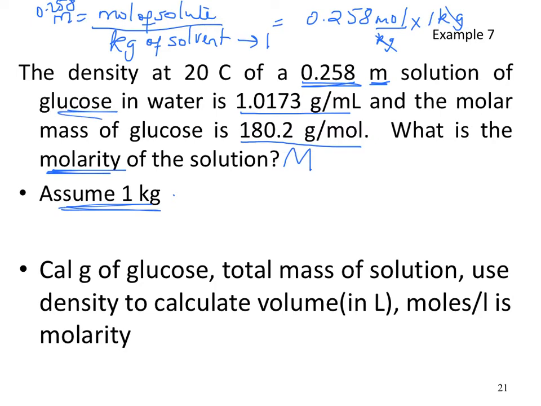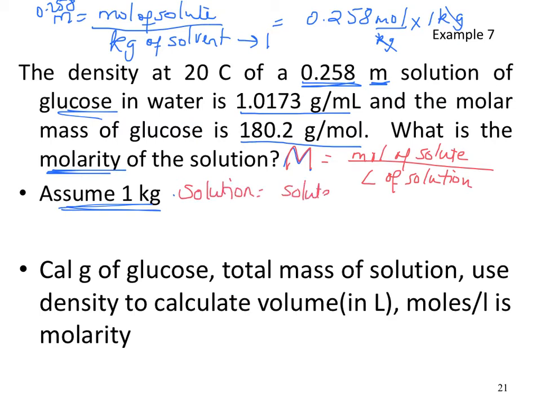Now, if I have to determine molarity, so this is what I want to find out. I need the moles of my solute, and I need the liters of solution. I need the volume of the solution. Now, one thing that you again have to keep in mind is when you're thinking about a solution, it's a combination of solute plus the solvent.